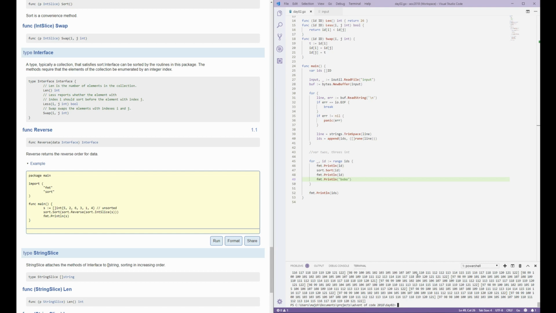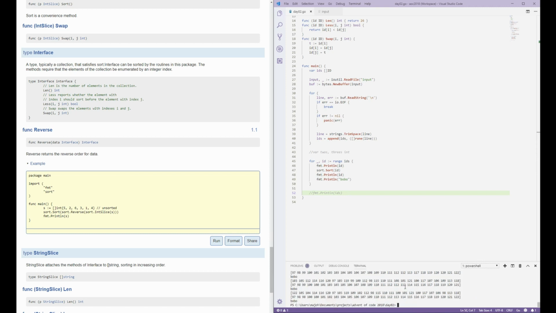Where is Bobo? Why can I not see that one? That's kind of concerning to me. Oh. Stupid. This one is outputting Bobo. It seems to be sorting it.